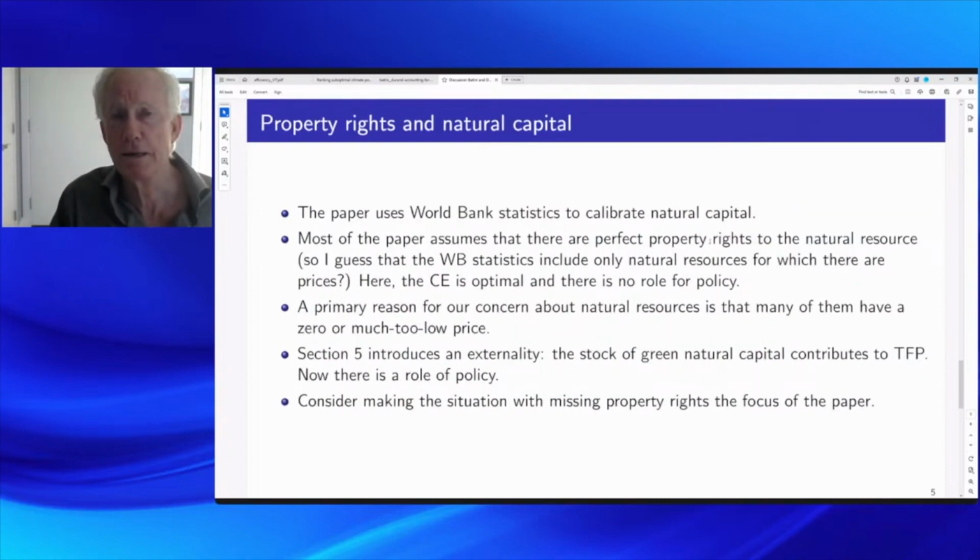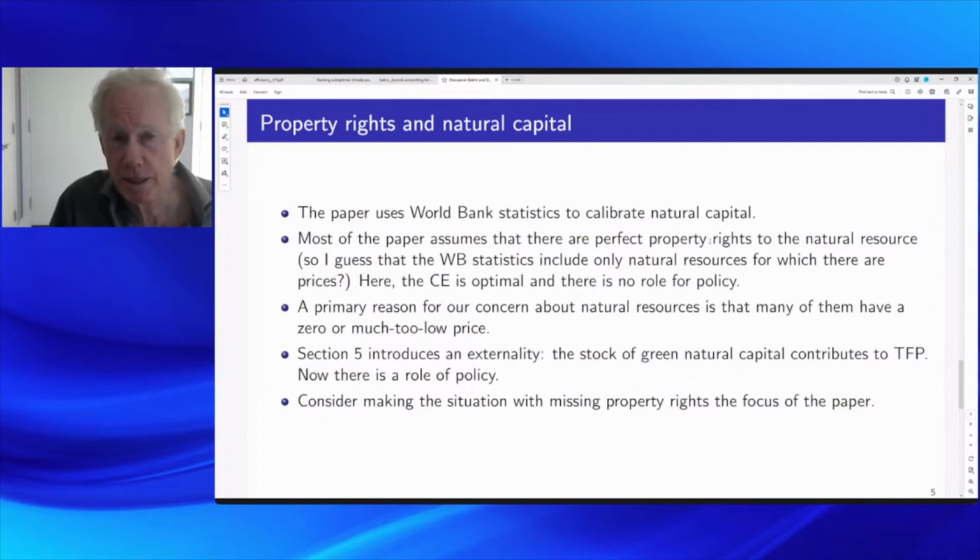So when I began the paper, I thought that the emphasis was going to be on the externality, and the motivating examples certainly do involve a very important externality. I mean, the paper talks about the loss of biodiversity. That's, I think, the example that would occur to most of us immediately, and that's obviously an externality.